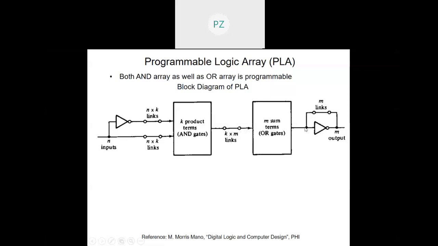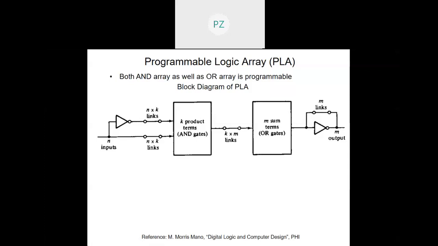Now the interesting part is that at the output I can get either f by keeping this link intact, or I can have f dash by blowing this off. So what does it mean? Till now, either in decoder realization of a function, or multiplexer based realization, or ROM based realization, you necessarily have to have the canonical sum of product form.